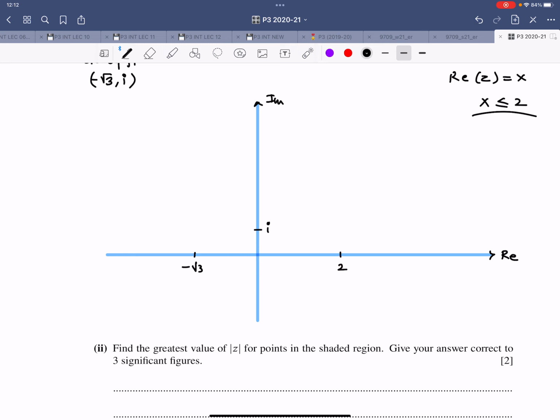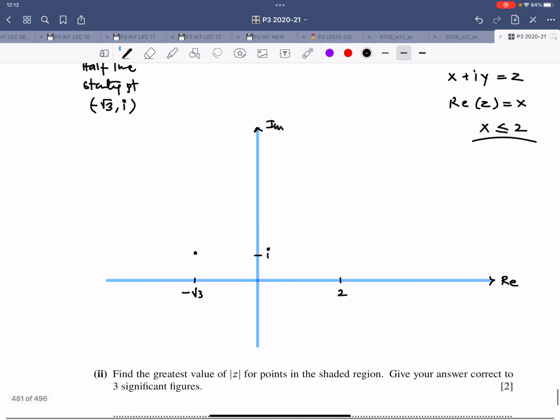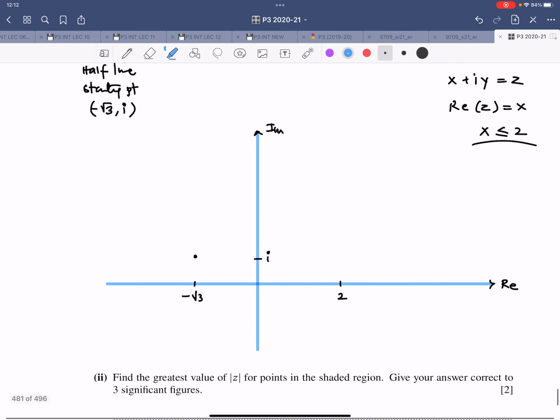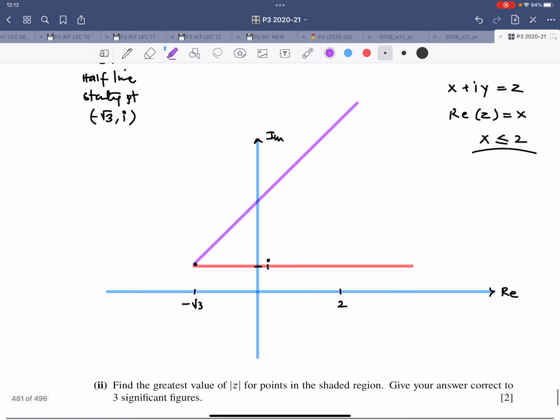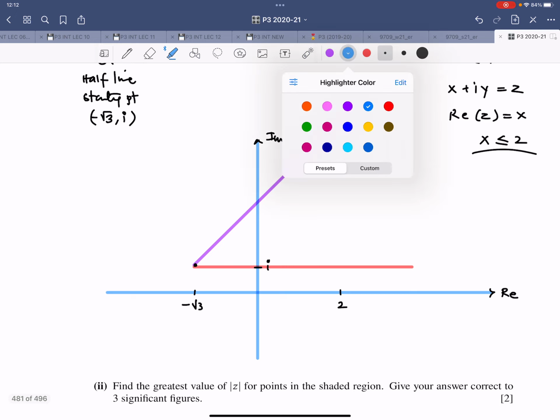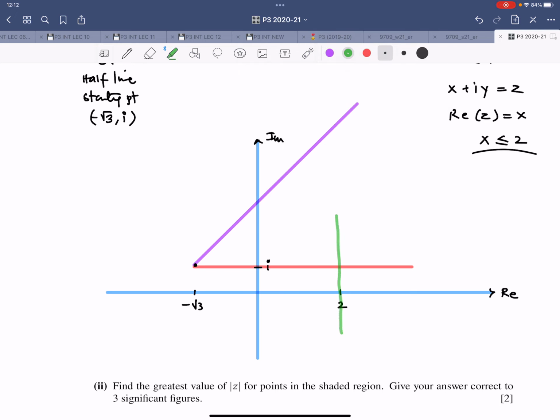Let me mark this as a dot, and draw two half lines emerging from this point. One is the orange one like this, at a 45-degree angle. Second, draw a green line for 2, and the shaded region is this thing.